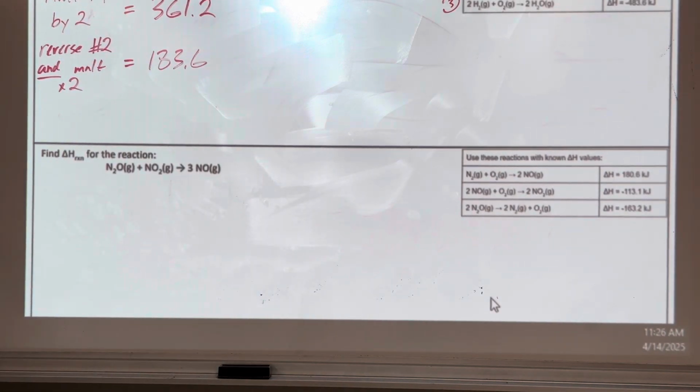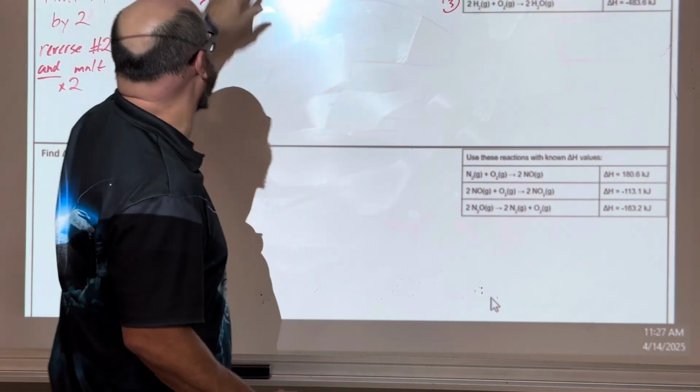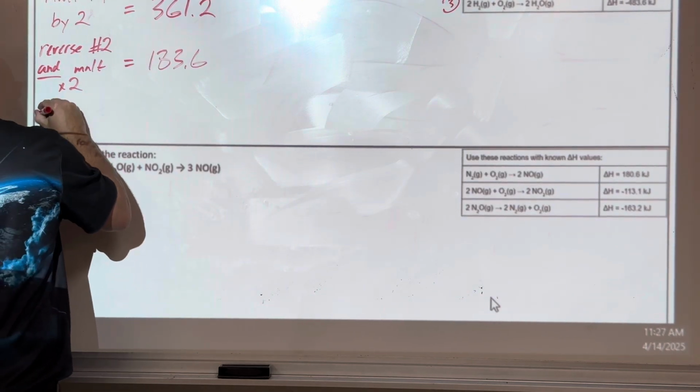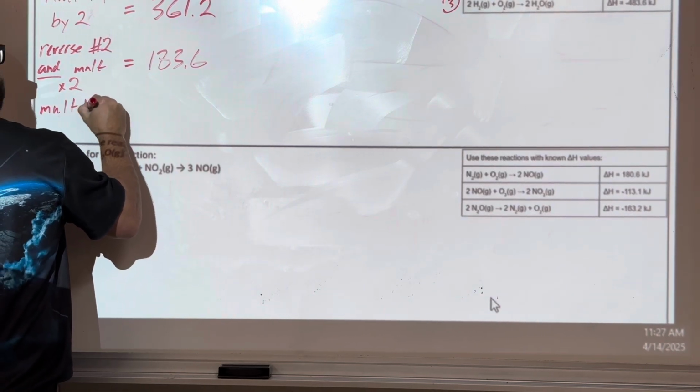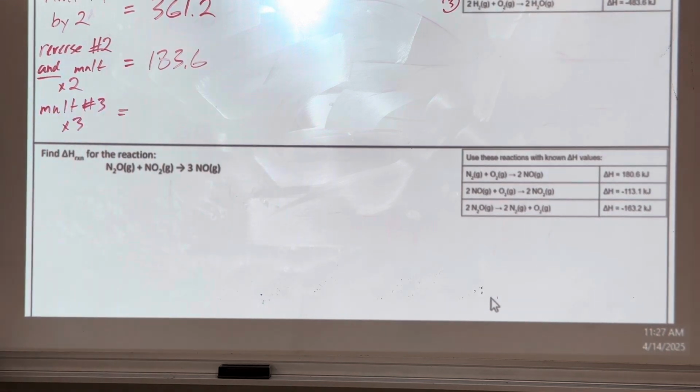And then lastly, 3, we got O2 and 2 H2Os. So 2 H2Os turn into 6. We're going to multiply number 3 times 3. And number 3's value is negative 483.6 times 3.